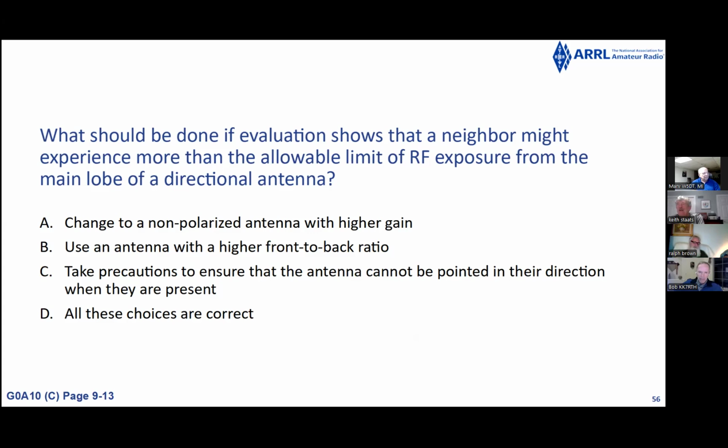Yeah, but it's really not that big a problem as you might think, as I was demonstrating there, running that formula from the ARRL. It doesn't happen very often.